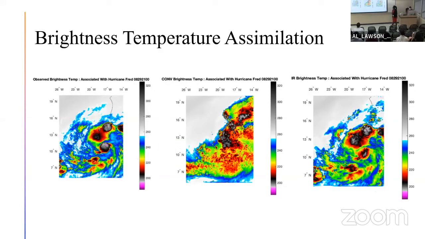And then, so this is our biggest focus of this project and our biggest finding here. Again, the brightness temperature. So again, this is all comparing the same time here. This is the conventional brightness temperature analysis, the infrared, and you can see these 2 models did a much better job of capturing the high cloud tops, and specifically the infrared brightness temperature really captured the eye wall and the overall magnitude of the structure.